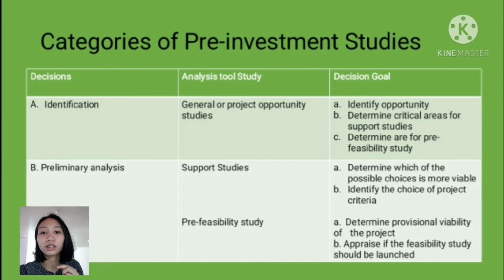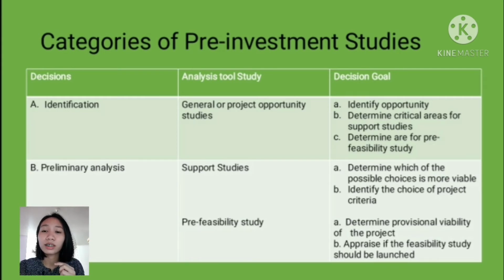Identification requires general or project opportunity studies, which aim to identify opportunity, determine critical areas for support studies, and determine areas for pre-feasibility study. Not all of these opportunities identified will have a pre-feasibility study, so it has to be identified which areas need further support studies, and proceed to a feasibility study.